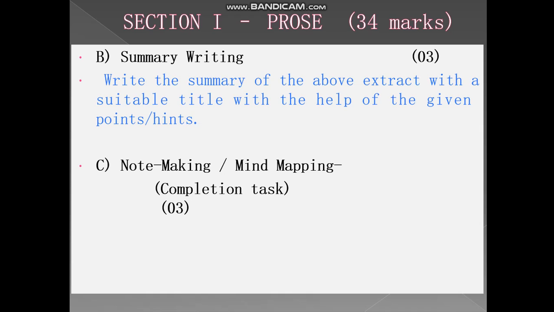You should not write only the fill in the blanks. You have to rewrite the table or tree diagram or the note making, that formatting, and that's why it is for 3 marks.